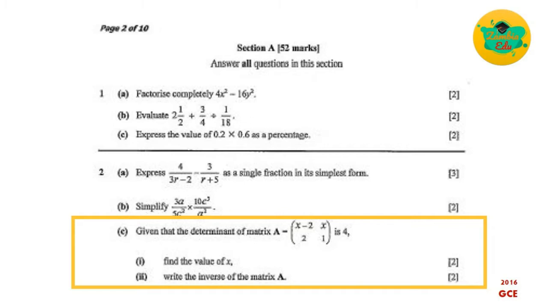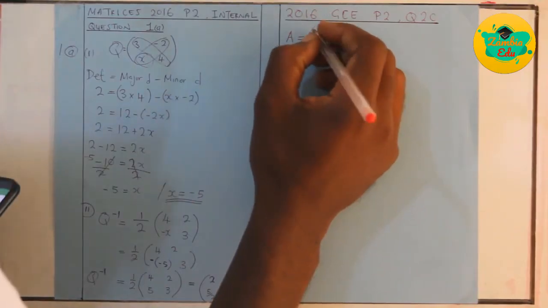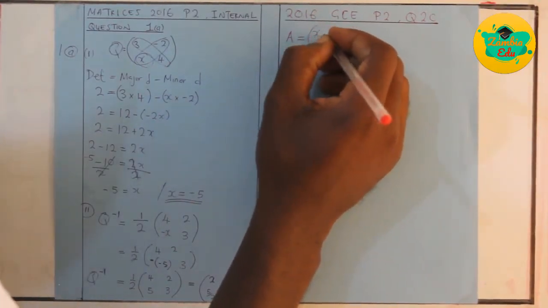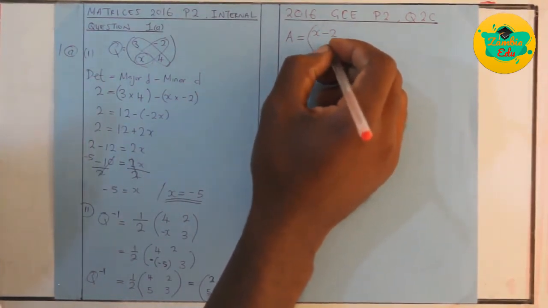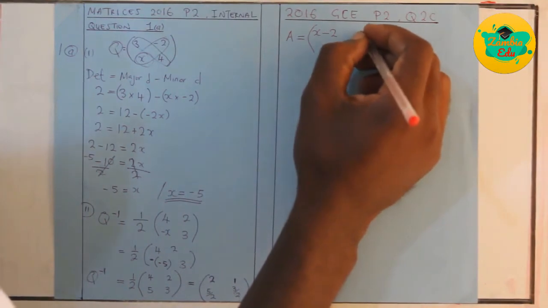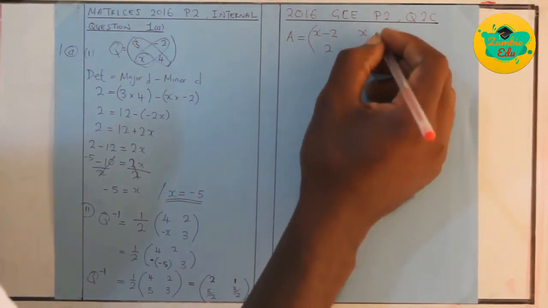So just go ahead and write the matrix that we are putting into consideration. Our matrix A is x minus 2, 2, x, 1.